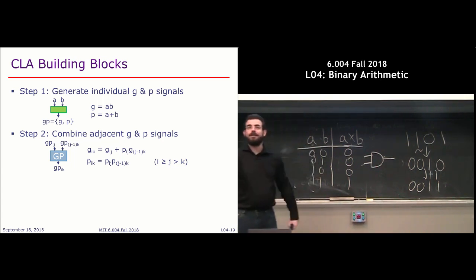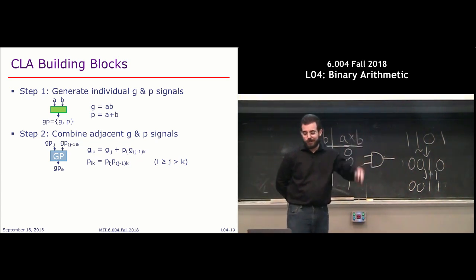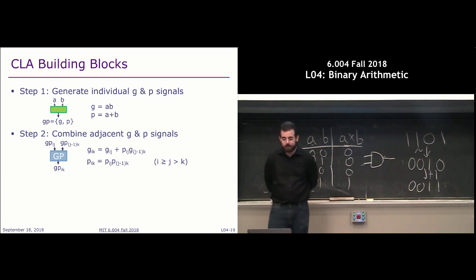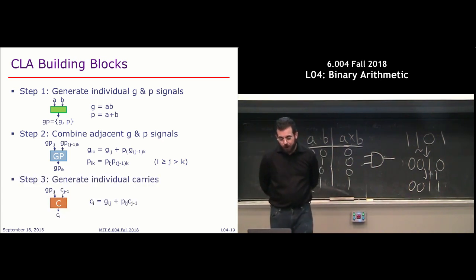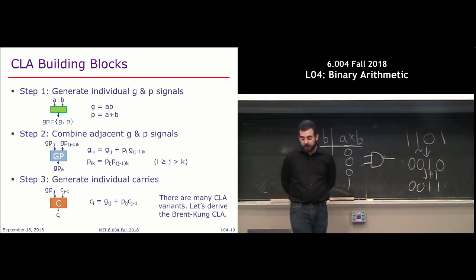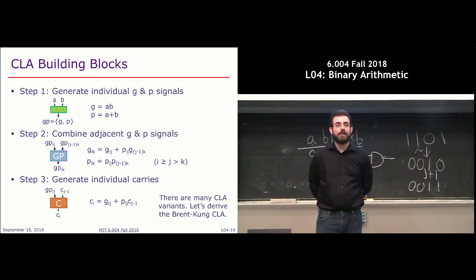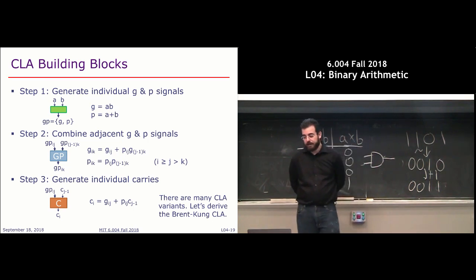If you're trying to combine two sets of signals into one, the combination generates if the upper part generates, or the lower part generates and the upper part propagates, and it propagates if both parts propagate. This, despite the soup of indices, is actually a fairly intuitive formula. And finally, we need a block to compute the individual carries. There are many variants of carry look-ahead adders. We're going to see the Brent-Kung CLA, which is actually really simple.